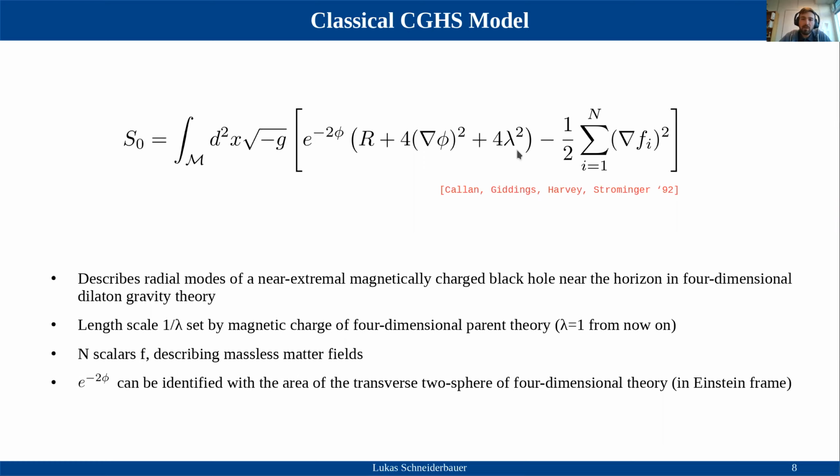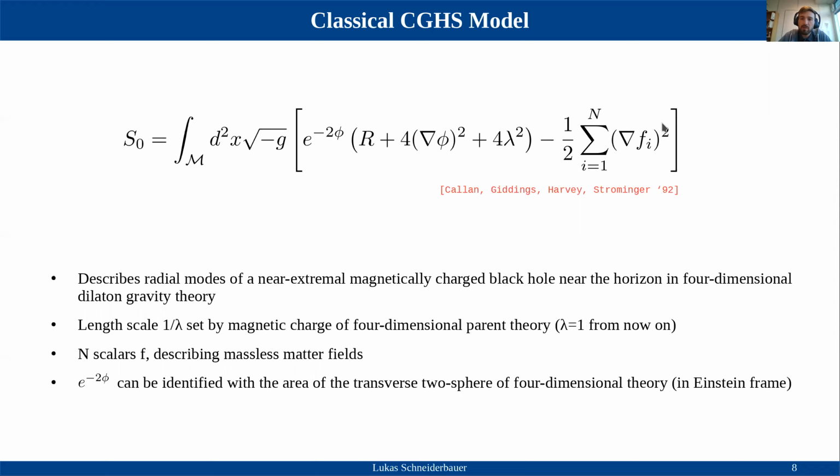Lambda is a constant; 1 over lambda is a length scale that is set by the magnetic charge of the higher dimensional parent theory. This is the length scale that we refer to as 1. We measure everything in this length scale in the future discussion.